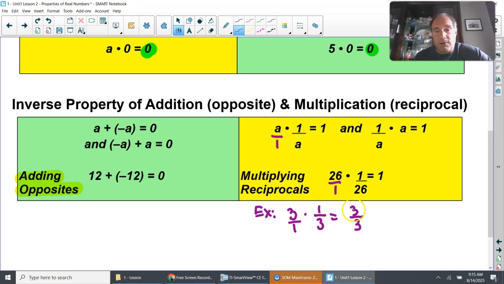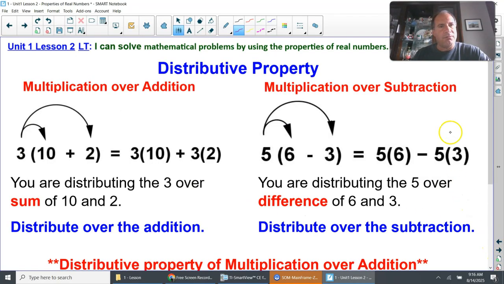This is 3 times 1 is 3, and 1 times 3 is 3. So that does equal 1. So whenever you multiply by that reciprocal, it's called the inverse property of multiplication. Whenever you add the opposite, it equals 0, that's the inverse property of addition. A little bit tricky, but we'll kind of go over it.